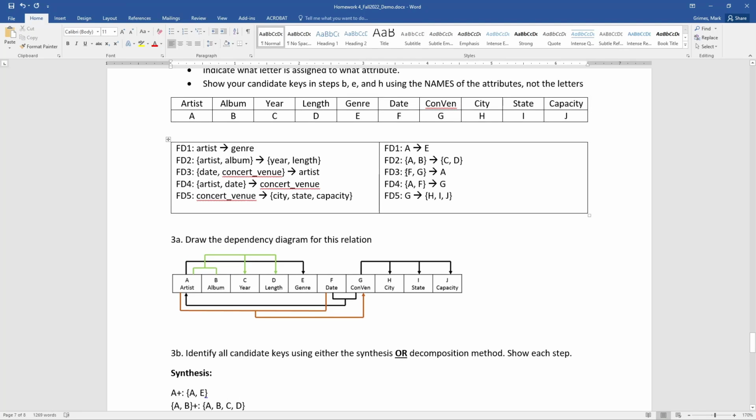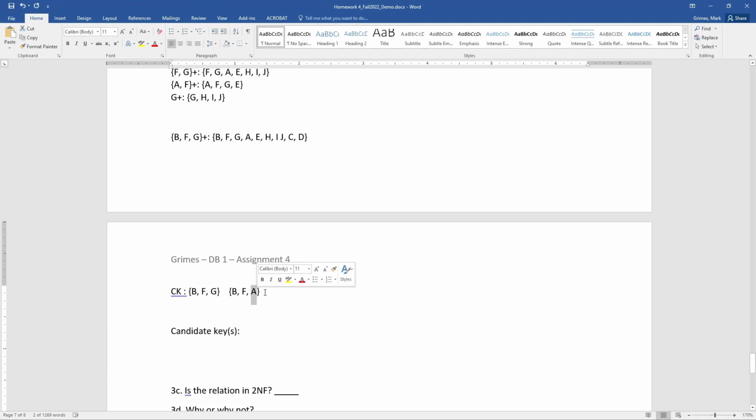And FG functionally determines A. So anywhere we see an A, we could put FG, right? So we could say BFFG, and we don't need this repeated F. So that's BFG, which is just the same candidate key that we identified originally. So now we're in that loop.